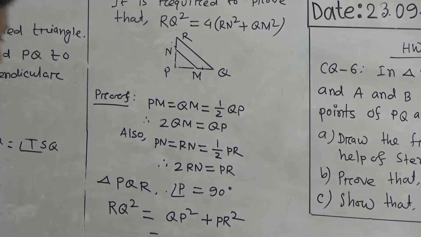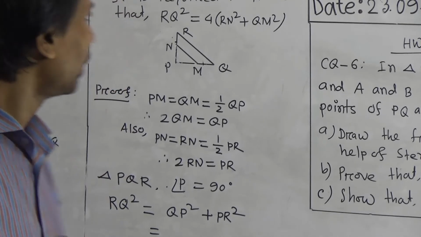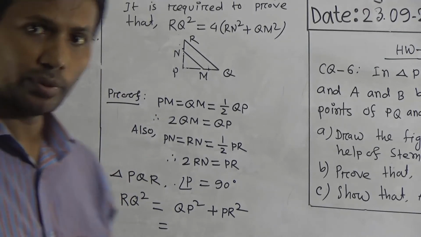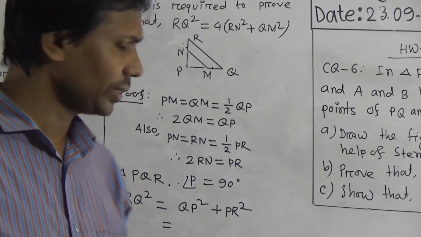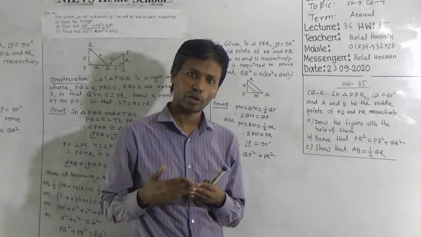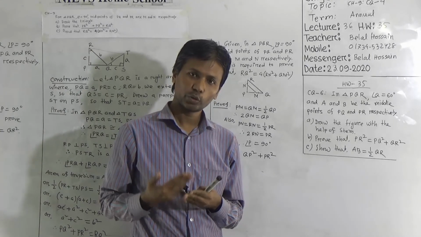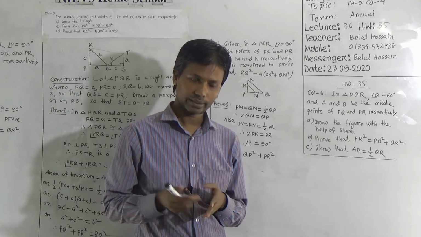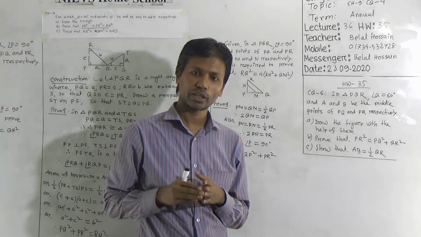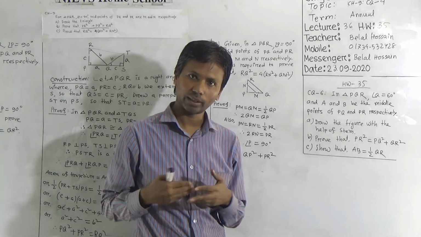How can we know what the Pythagoras theorem is? You know, Pythagoras theorem is hypotenuse square equal to sum of square of other two sides. According to your book, this is the rule.